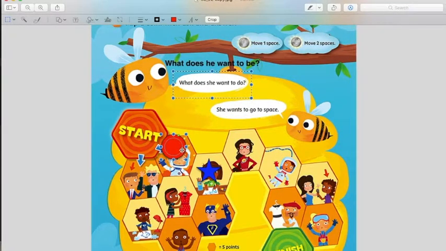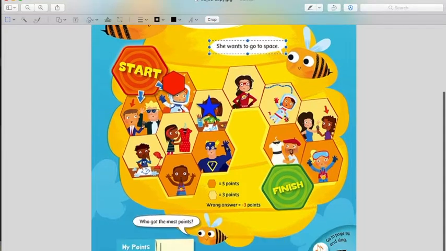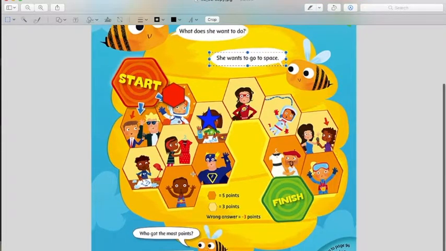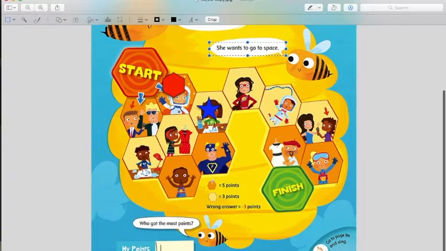Oh, that is cool. So what does she want to do? She wants to go to space. So then your friend, on their book, they would get, oh, you see here? The dark ones are 5 points, and the light ones are 3 points.